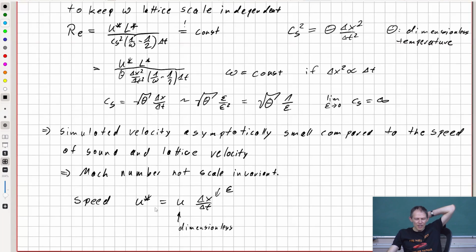For the physical speed, this delta x is the length scale that you have given to delta x, and dt is the time step that you have given. So that's the translation factor. This here is in lattice units. This here is in physical units. Is that okay?